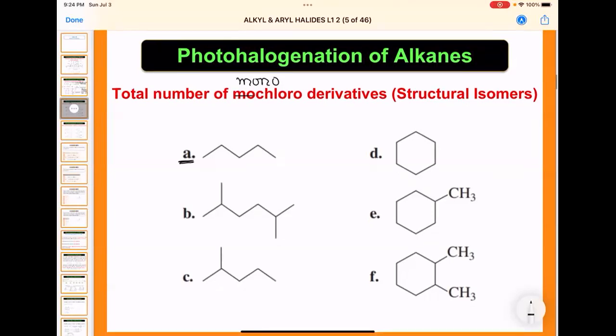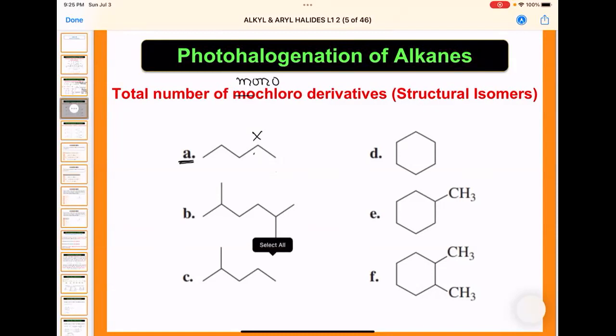Suppose I put chlorine here, I will get 1-chloropentane. There are 5 carbons, so it is pentane. Or if I put chlorine at this position, we will get 2-chloropentane, right?